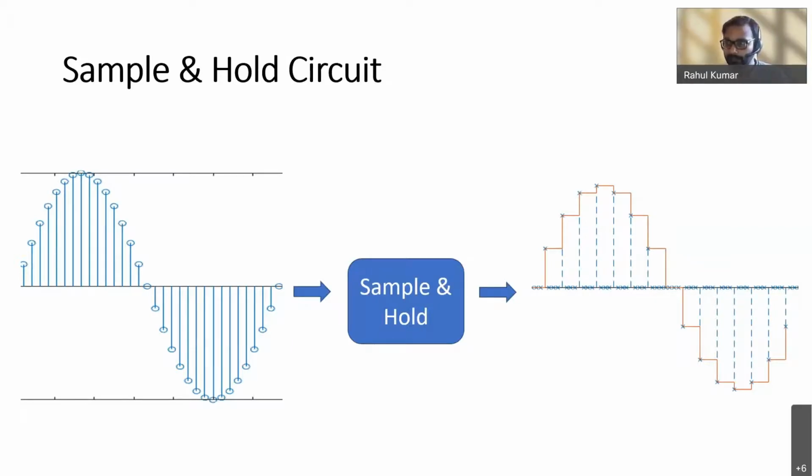Now the next thing is the sample and hold circuit. As I mentioned, there are 2 steps of converting an analog signal into digital. You sample the signal, that means you take a sample of your data from the analog signal at a regular interval of time, and then you convert them into binary.